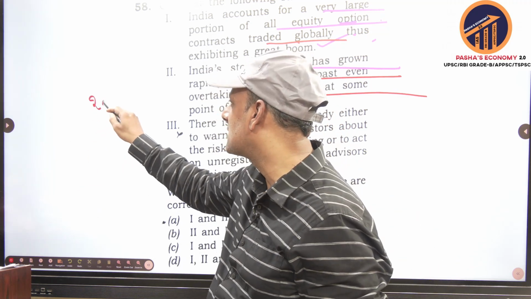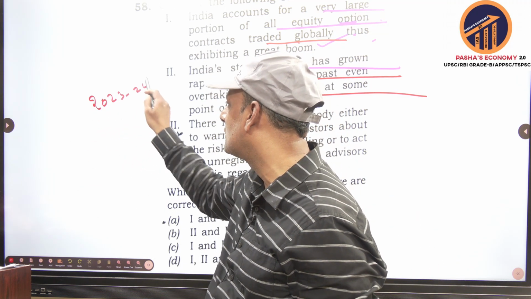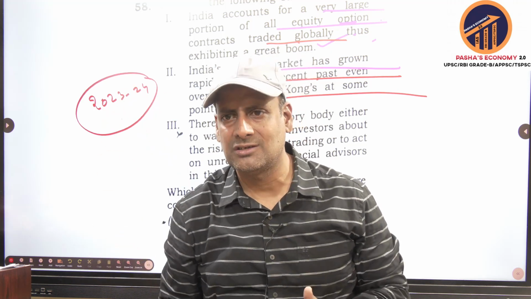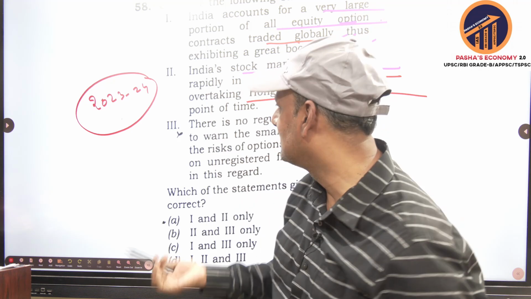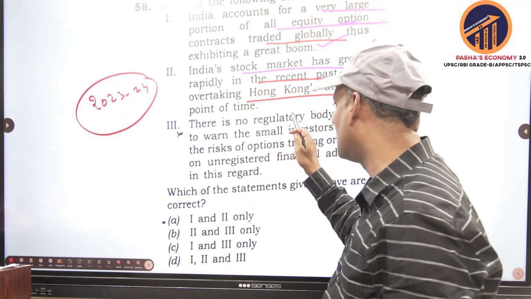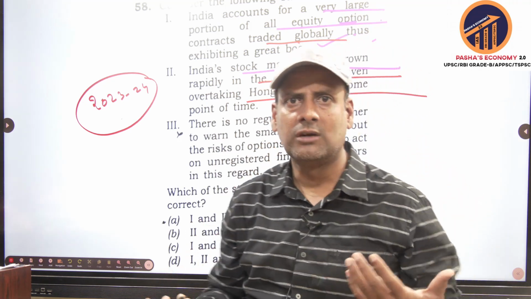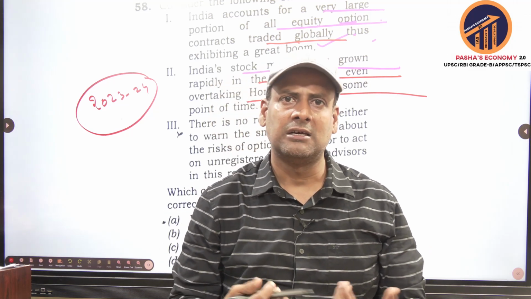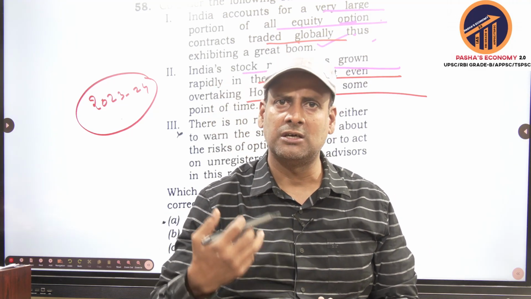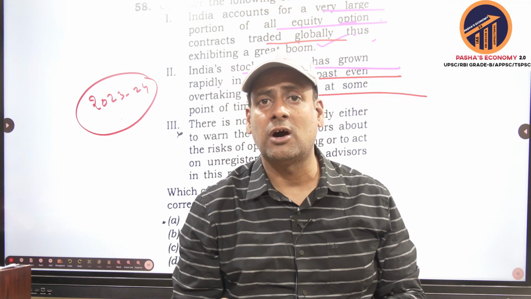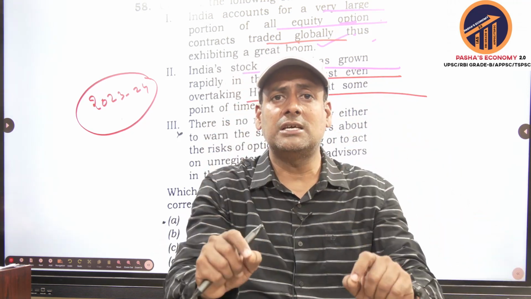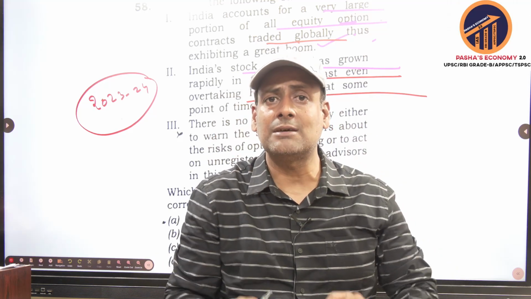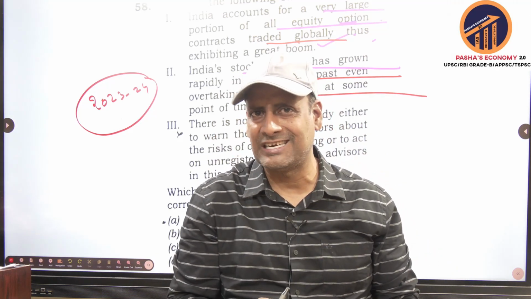If you read the Economic Survey 2023-24, they have written this, and Ananta Nageswaran has put this idea forward regarding the financial market. See, next, there is no regulator. The previous SEBI chief Madhabi Buch, and Tuhin Kanta Pandey, the present chief, always emphasized that we need a good regulatory system to protect the small retail investor.